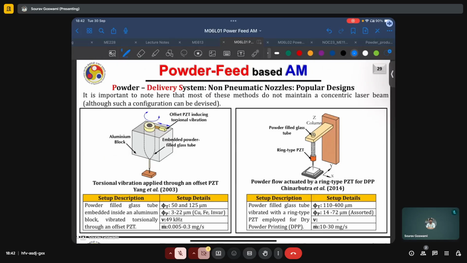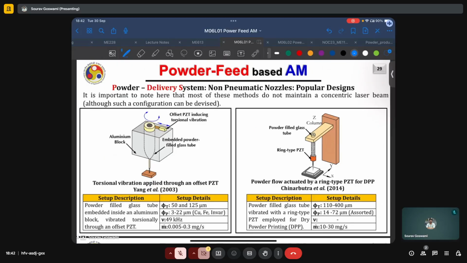On the right here, we have another design where we have a powder-filled glass tube vibrated with a ring type piezoelectric instead of an offset piezoelectric like the previous case. And typically, this has been employed for dry powder printing. Here, the diameter of the tube is typically between 110 and 400 micrometers, almost 4 times as large as the previous one.